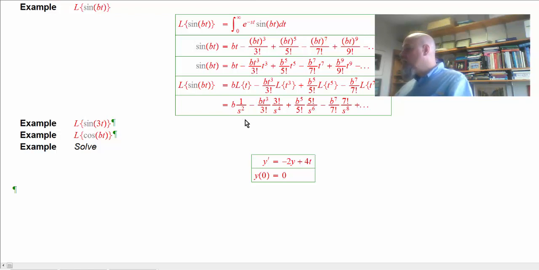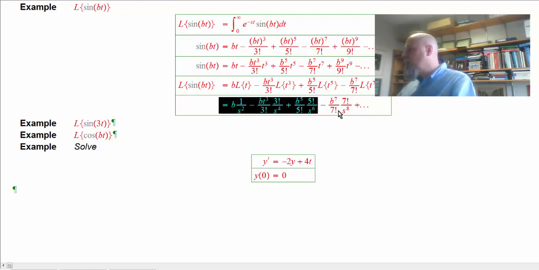Now the nice thing is that all of these 3 factorial, 5 factorial, all of these cancel. So let's cancel those out.